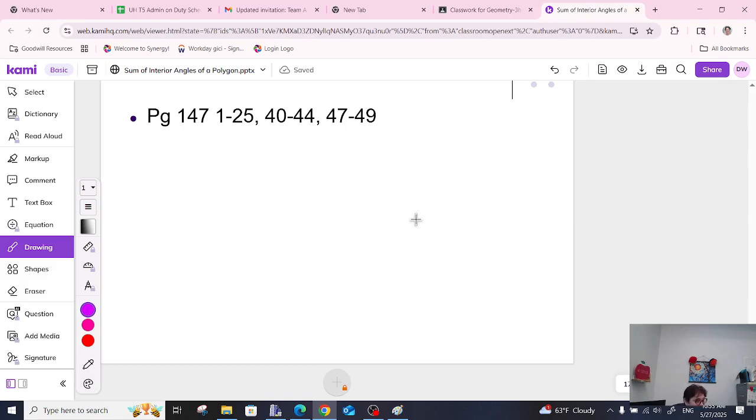So number 1, how many sides is that? 11. So to find this answer, write 360 divided by 11 because it's regular. So what's 360? You're going to have to round it probably. It'd be 32.7 is what I would round it to.